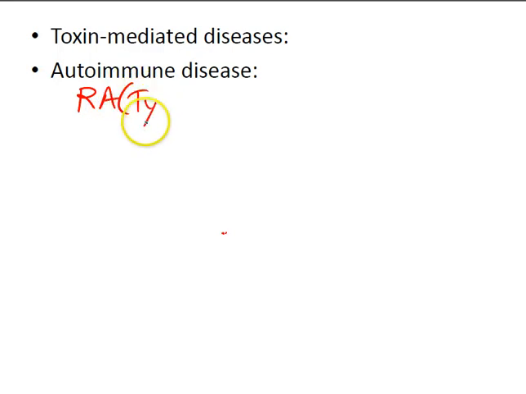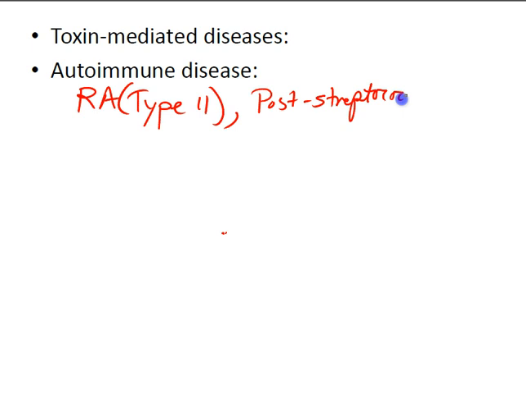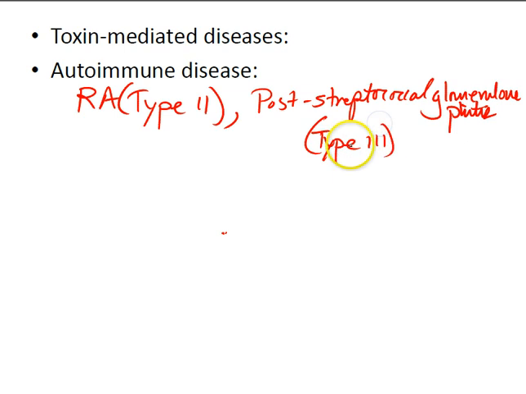Now, autoimmune diseases include rheumatic fever, which is a type 2 hypersensitivity, and post-streptococcal glomerulonephritis, which is a type 3 hypersensitivity.